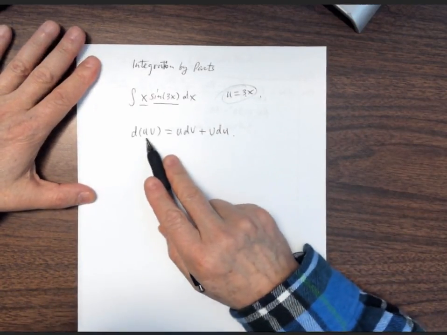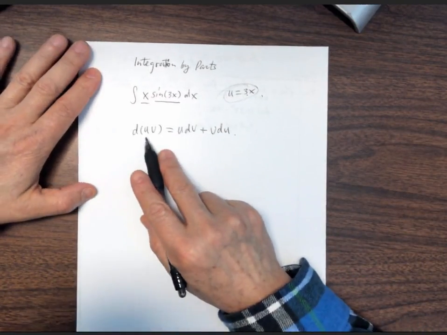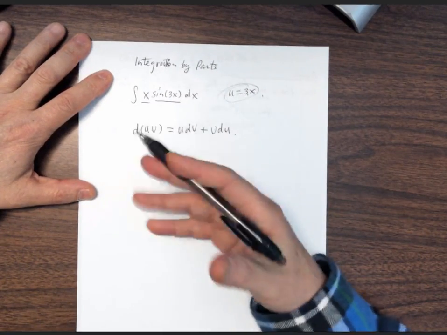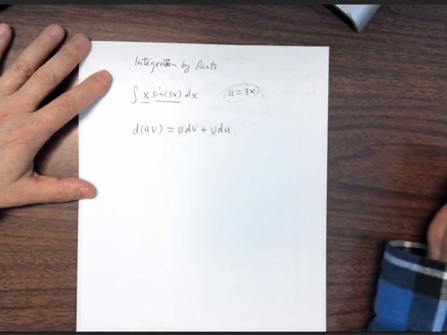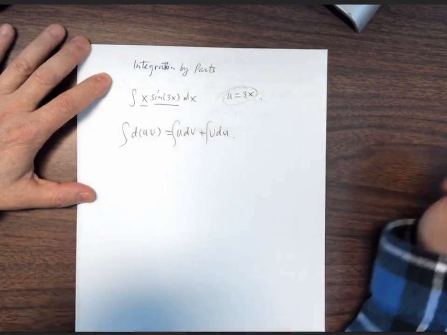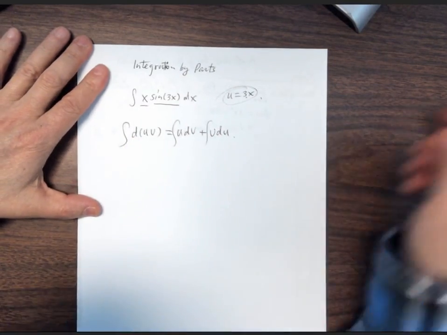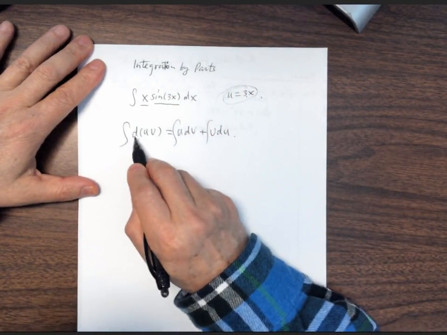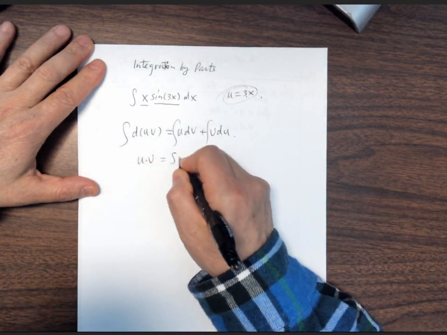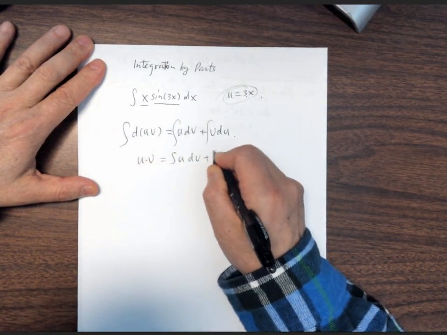We are assuming in this identity u and v are two functions of x. Now if we integrate both sides, integration cancels out the differentiation. So this is just u times v, and this is the integral of u dv plus the integral of v du.